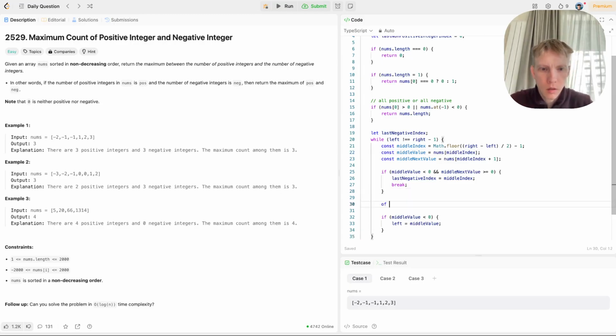What if middle index equals to 0? So if middle value equals to 0, and middle index equals to 0, then we will set last negative index as -1.